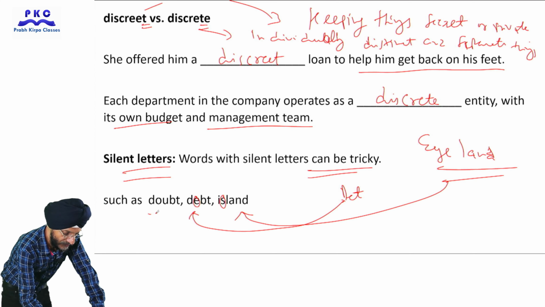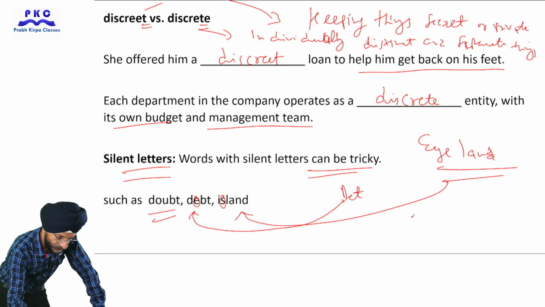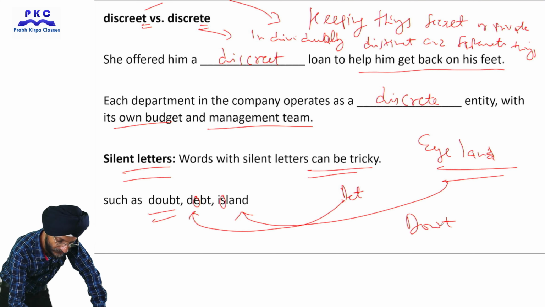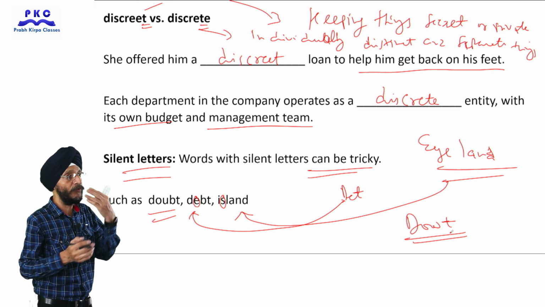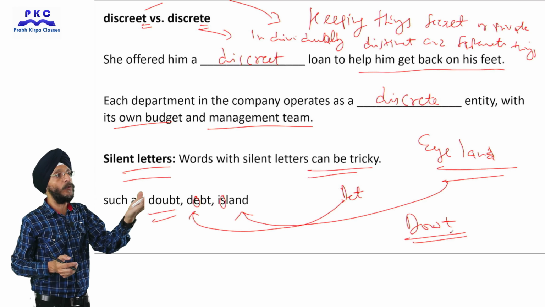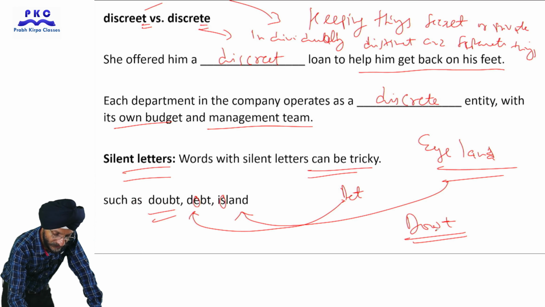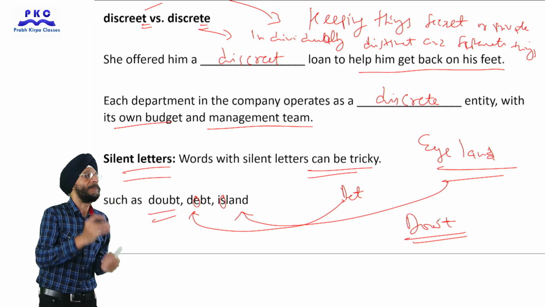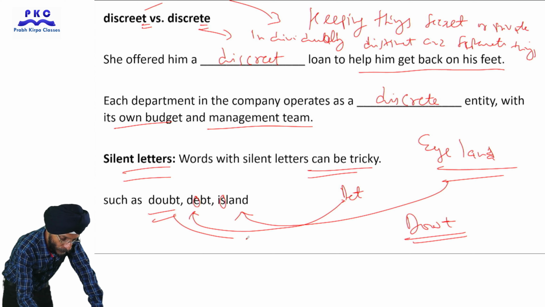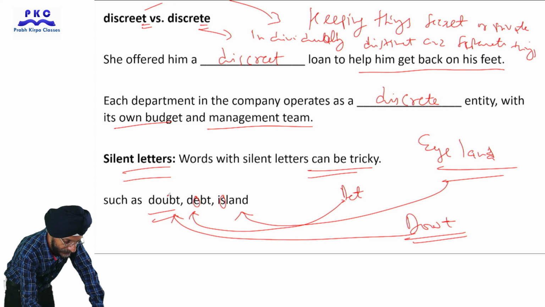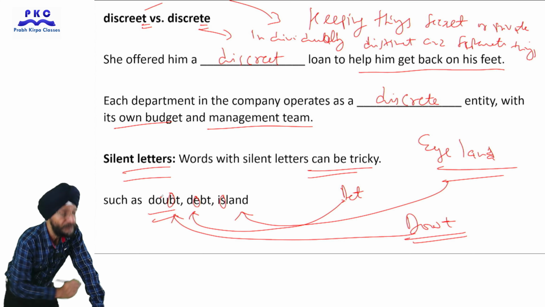In case of doubt, it is like this: DOWT. When we are speaking the word doubt, it sounds like DOWT. But actually, when we write it, it is D-O-U-B-T. B is silent.